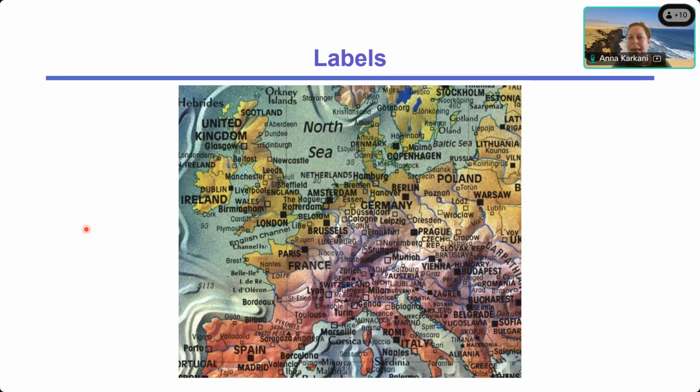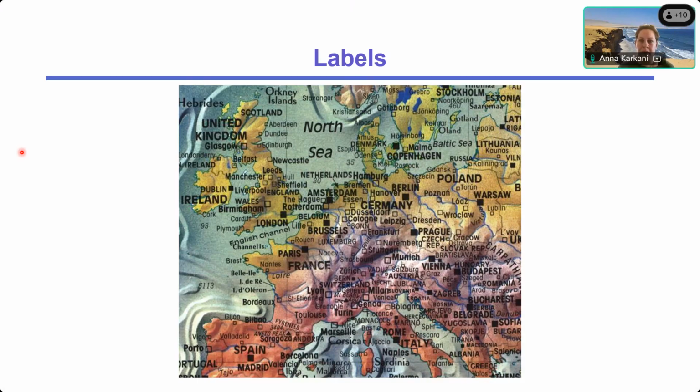Depending on the map you have to create, the labeling in a map is a really time-consuming process. I can tell you that for sure. And as you can also notice from this map, it is a very important part of cartography.